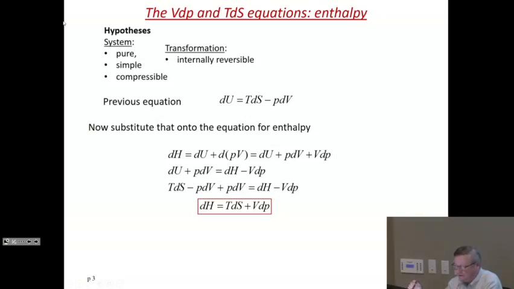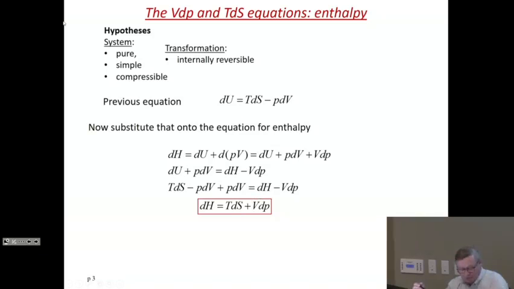Now regroup this. dU plus PdV is dH minus VdP. Bring that over there. So dU, get this dU from what we had on the previous graph. That's TdS minus PdV. Plus PdV, so these two cancel out, is dH minus VdP. Regroup that dH on one side, and then on the other side you have TdS plus VdP.